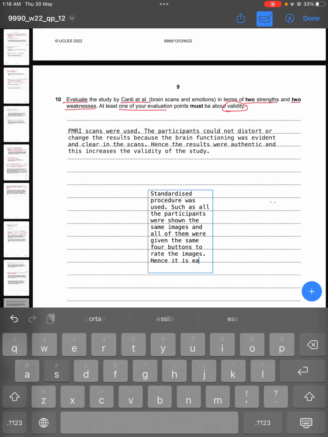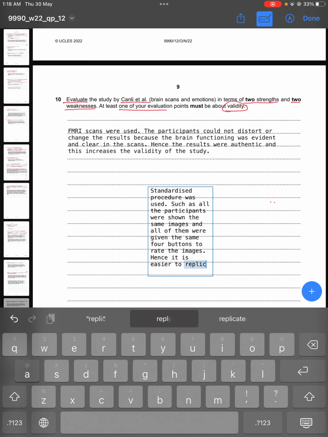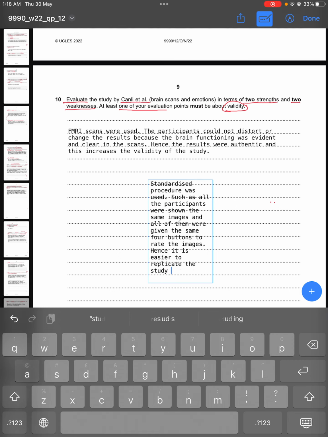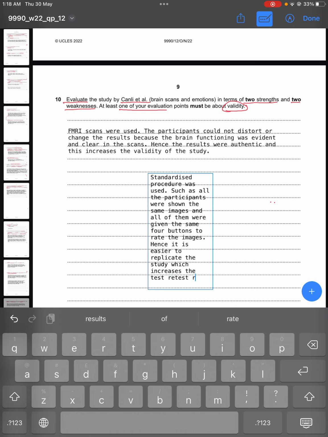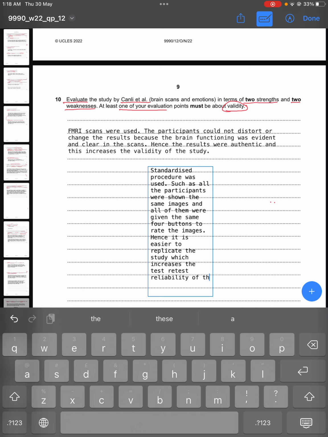Hence, it is easier to replicate the study for testing its results, which increases the retest reliability of it.